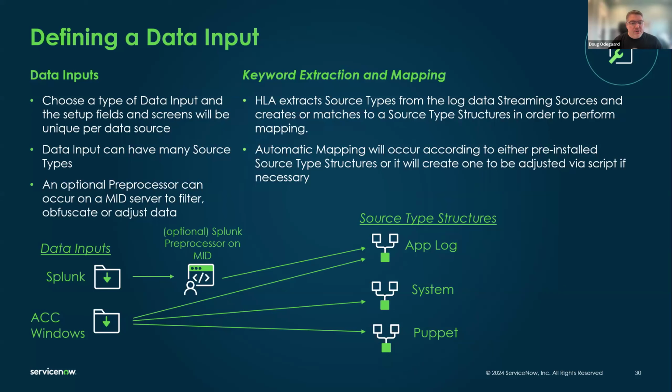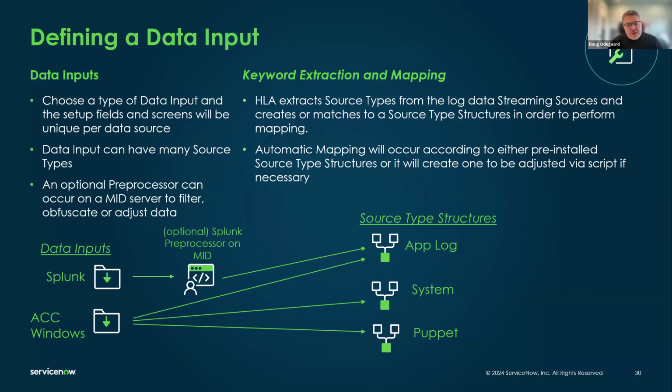There is an optional thing called a preprocessor. The purpose of that could serve to filter, obfuscate, adjust, drop data, and so forth that you don't want to pass in. That is not necessary to use, but it's an optional thing that's part of our data inputs. Now, once the data begins to be sent in, a source type structure is created.